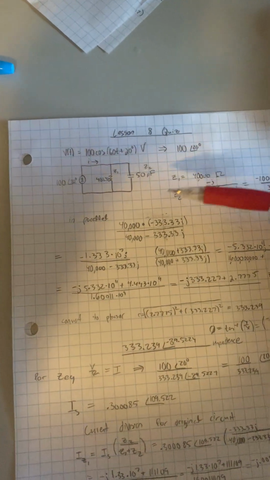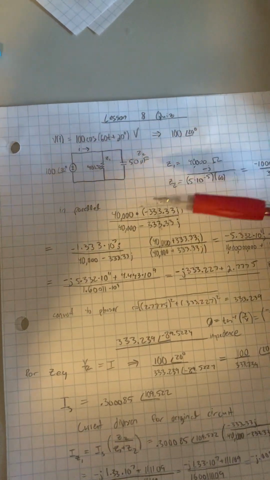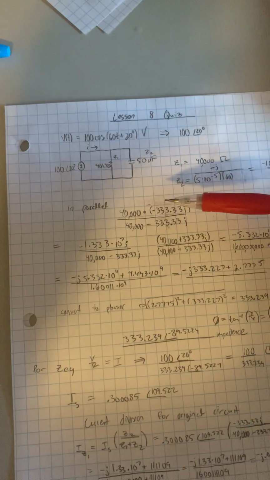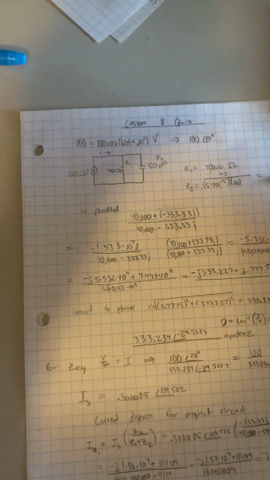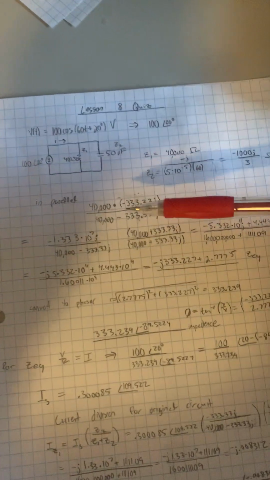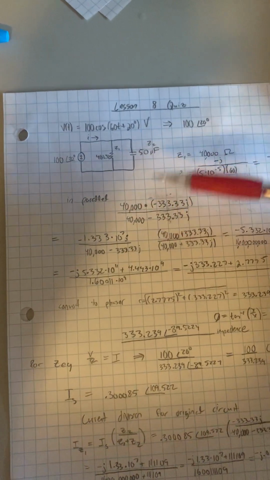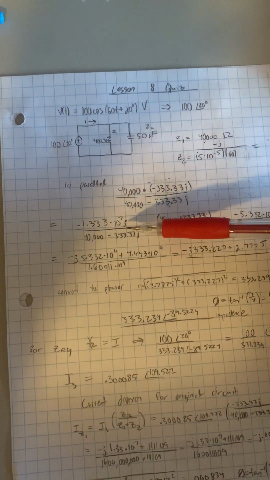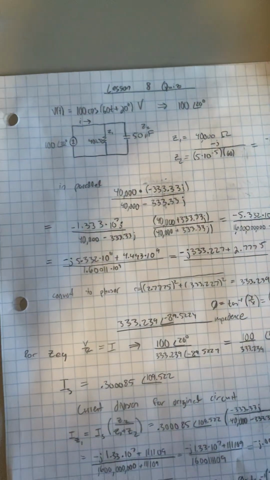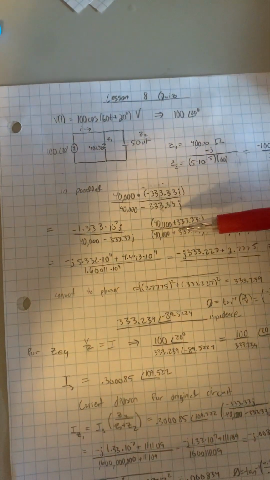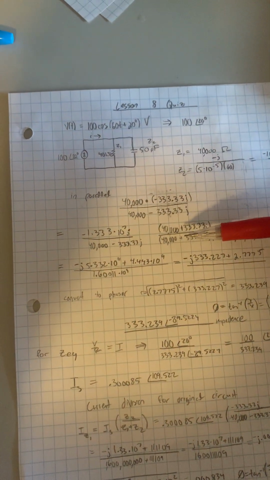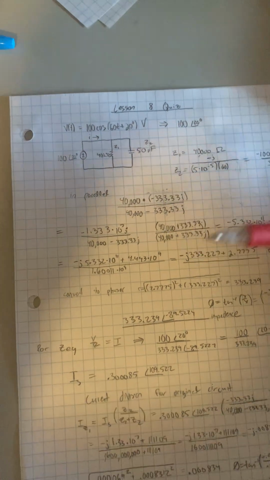So then I find the parallel equivalent. I take 40,000 times that, divided by the sum of them, and then to take the j out of the denominator, I multiply by the conjugate. I forget the word, that math was a long time ago.